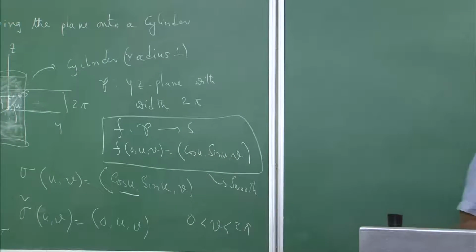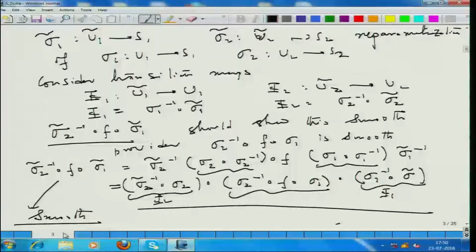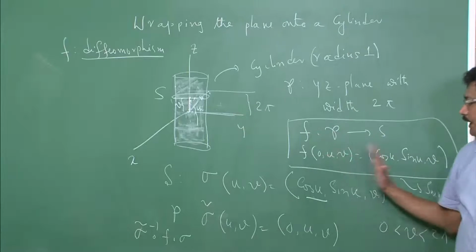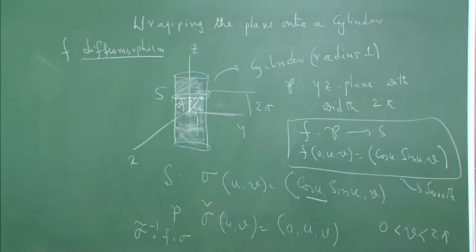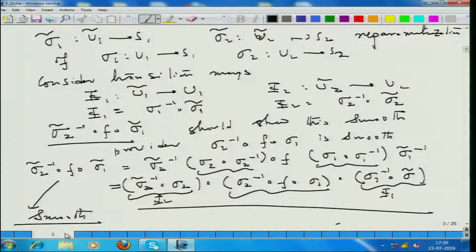To illustrate that, we had the example of wrapping the plane on the cylinder smoothly, and to formalize it, we defined what is called a smooth map between surfaces in general, with this example in mind. And here we have shown that the definition of smooth maps between two surfaces is invariant under reparameterization.